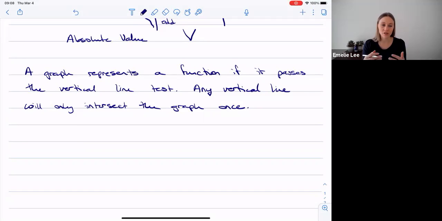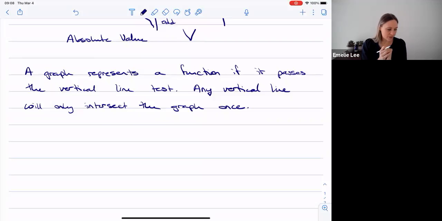Or no, it's not a function because it does not pass the vertical line test. We'll have a look at some more functions, but I think that's pretty straightforward. Where you can draw a vertical line, key is remembering what vertical is. A vertical line at any point, and it'll only intersect the graph once.